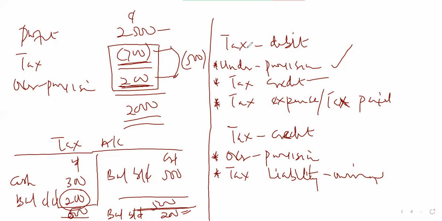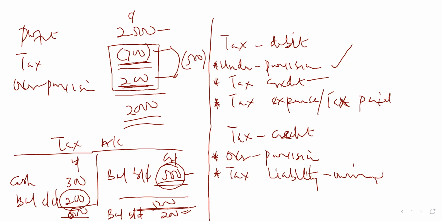If the question now says that the actual tax that the company is supposed to pay is the same as the estimate, which is the 500, but they have paid only 300, it means that they are still owing what? 200, isn't it? That would be a tax liability.